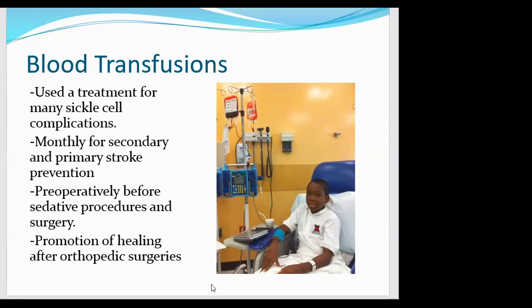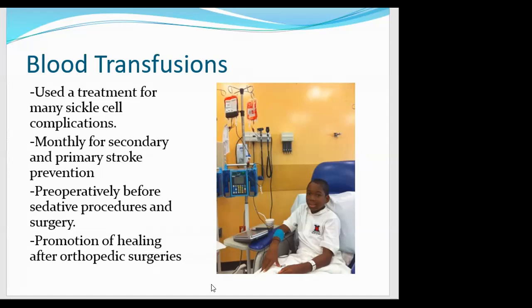But we want to promote healing because what a patient with sickle cell disease lacks sometimes is that good, healthy blood flow, good oxygenation all around the body. And then anytime that you're giving a child lots of blood transfusions, we want to keep up with how many they've had, look at iron levels and make sure we do not need chelation therapy.